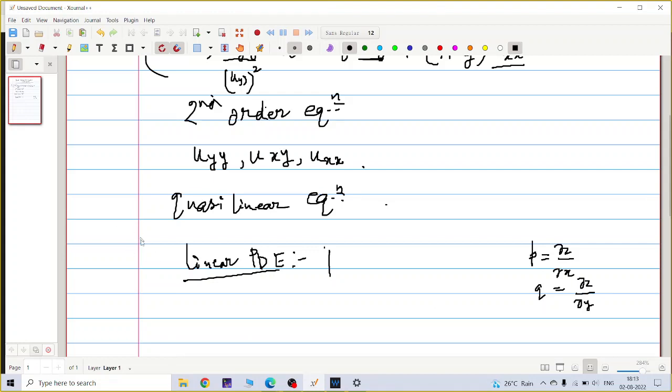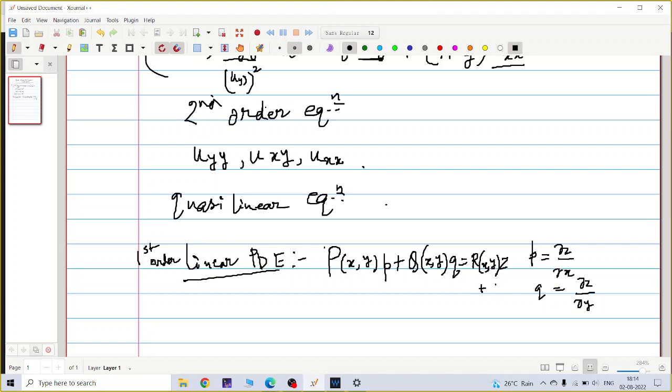A first order linear PDE is of the form P p + Q q = R, where P and Q are functions of the independent variables only, and R is a function of the independent variables times z, perhaps plus some constant.